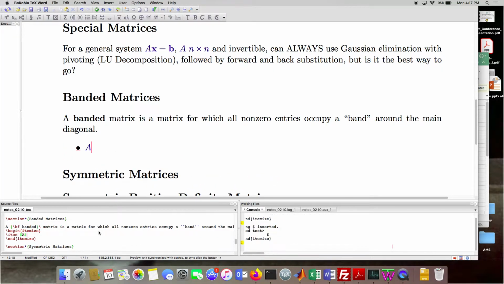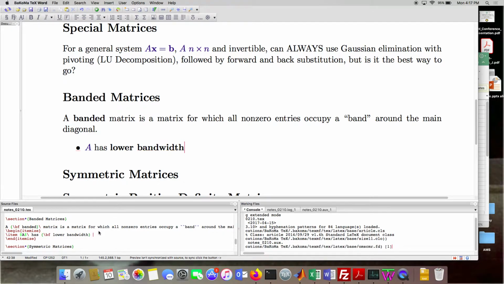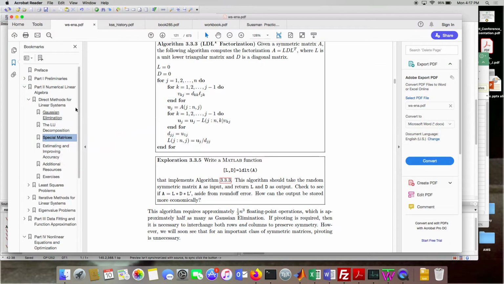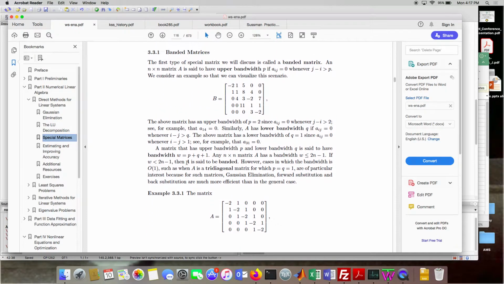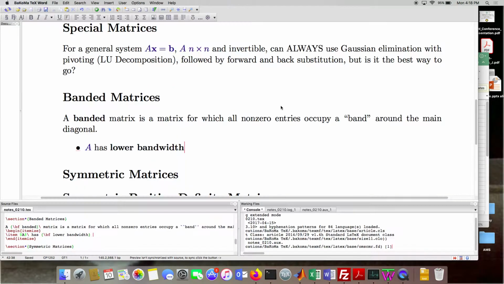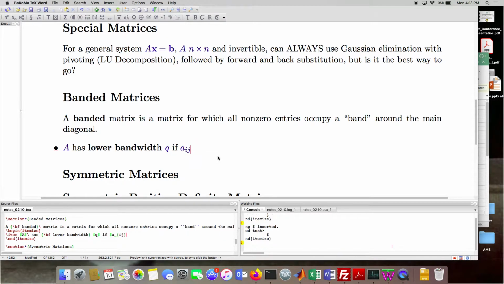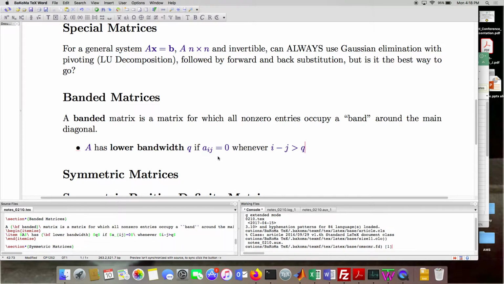All right, so matrix A has lower bandwidth Q if A_ij is equal to 0 whenever i minus j is greater than Q. So if the row is that much greater than the column, then, in other words, the only way an entry below the diagonal can be non-zero is if it's within Q entries of the diagonal.